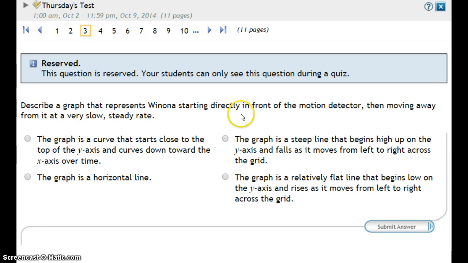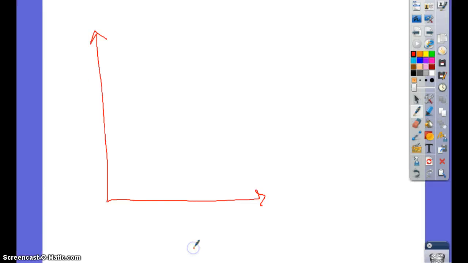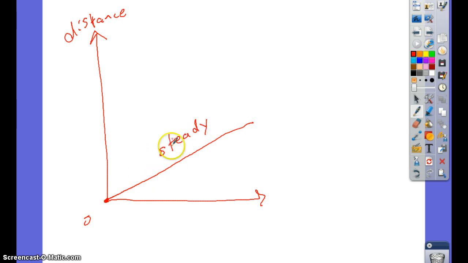She starts directly in front, which means the distance is 0. And then a slow, steady rate would be a line that is straight because it's steady, and it's also not steep, because it was a slow rate.